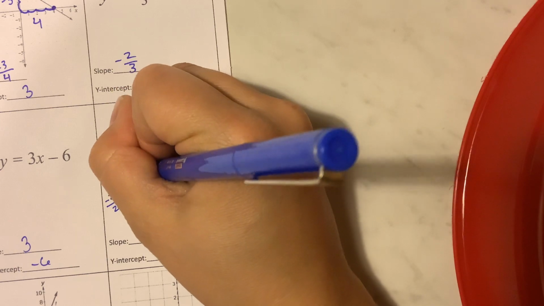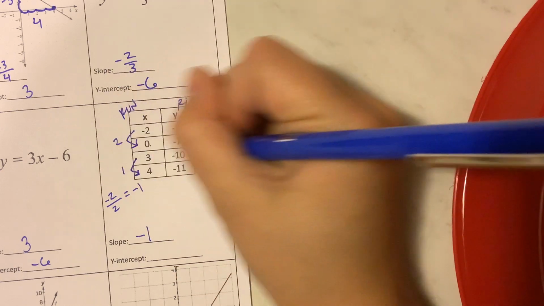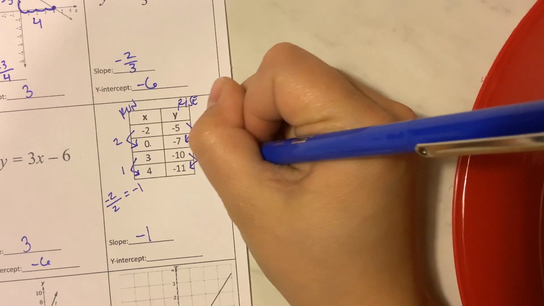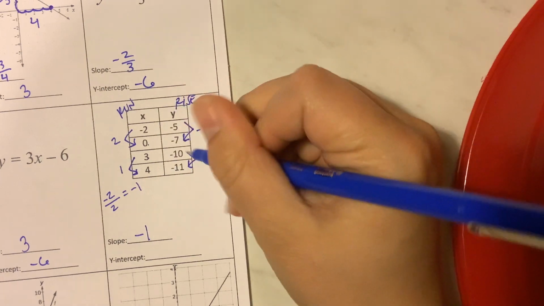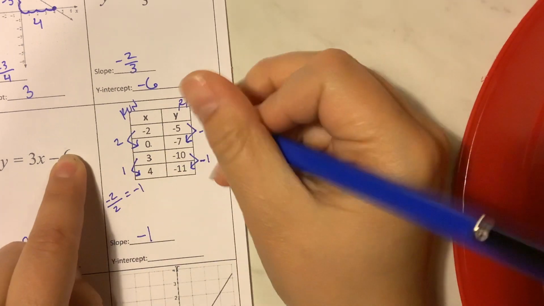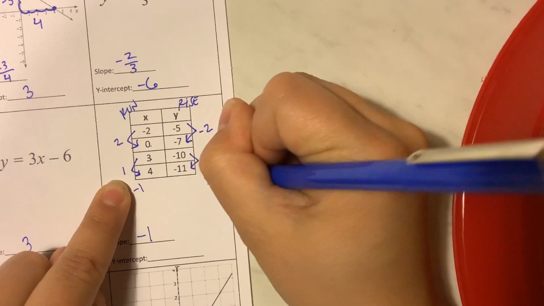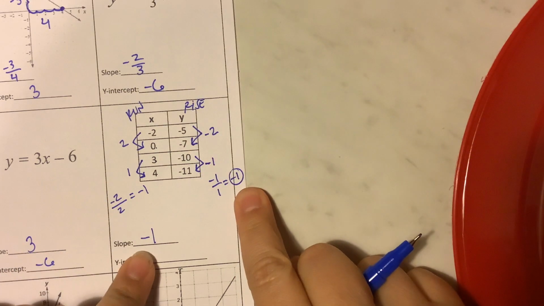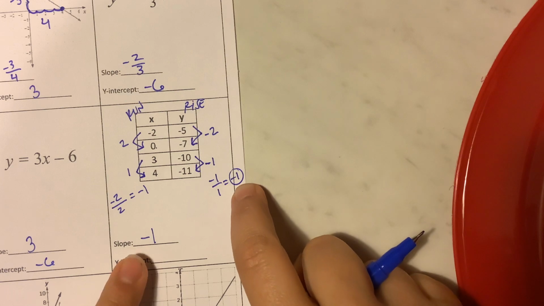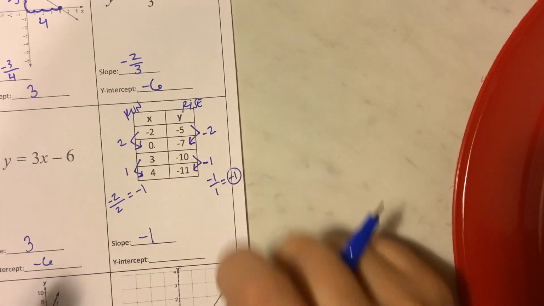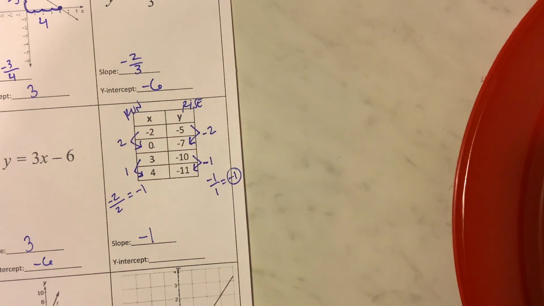Technically, our tables don't have to go in a perfect pattern. I said that one was running 1 and that one was rising a -1. So even if I were using the bottom 2 dots, I would have a -1 over 1, which is still -1. It's the same slope that I had originally. Okay, doesn't matter. As long as these points fall on the same line, you will have the same slope.